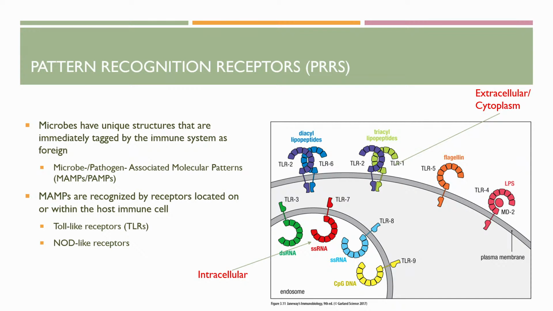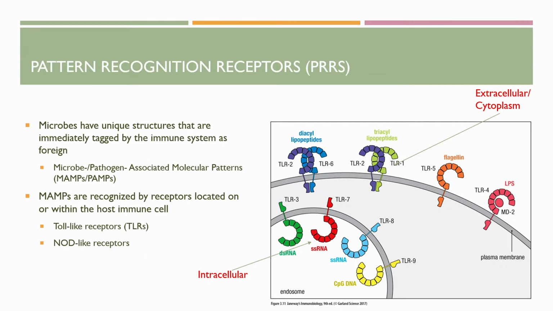There are different types of receptors. There's toll-like receptors, NOD-like receptors. We don't need to get into that. This is an immunology class. But you guys should know the difference between a MAMP and a PAMP. This is the microbe part. It's the actual tag or pattern on the microbe that is recognized by the immune system.